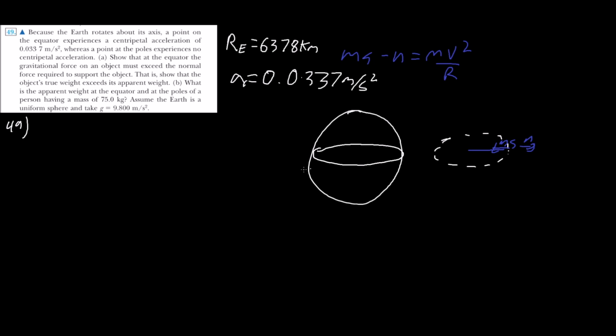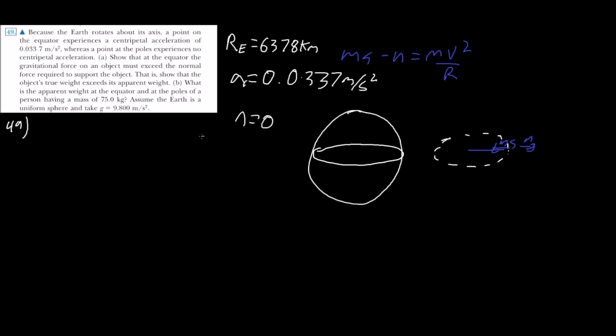So anyways, regardless of this, once you have v, it must exceed the normal force required of the object. So let's just say that the normal force is 0 here, and show that the gravitational force, I don't know what they want. Do they give the mass of the object?